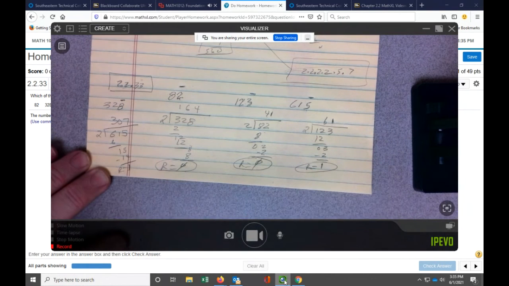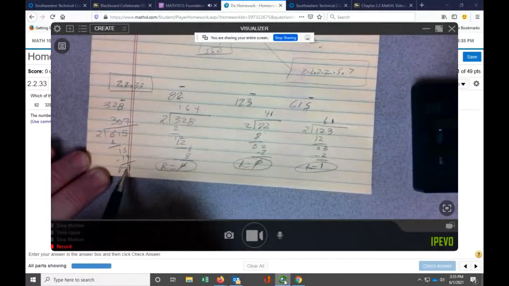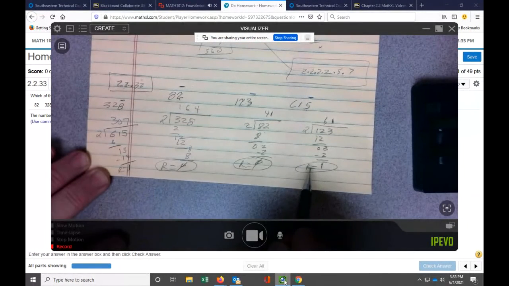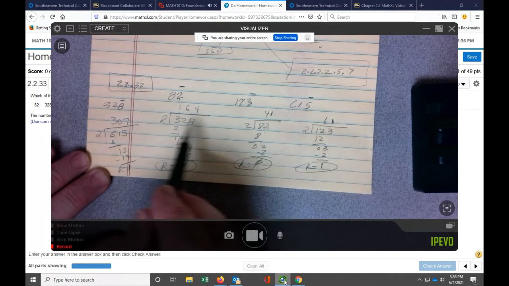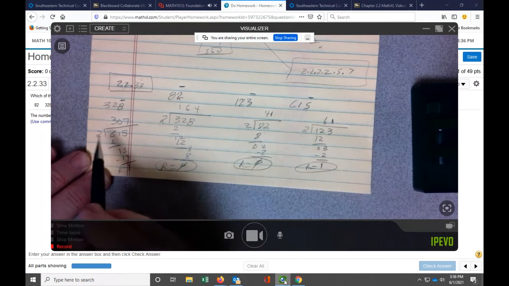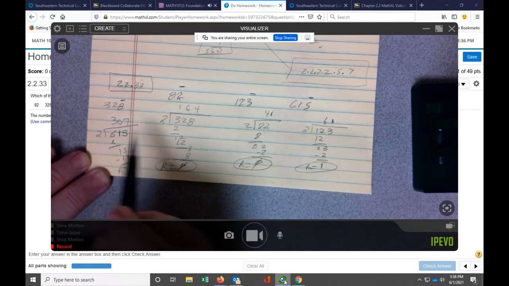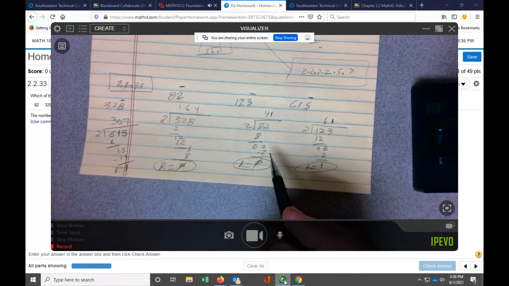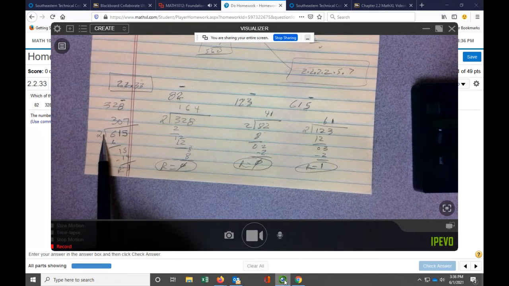So please notice, in these problems where I get a remainder that is not equal to 0, it means that 2 cannot be divided into 123 or into 615 and have a set of individual groups that each have 2 items in it.